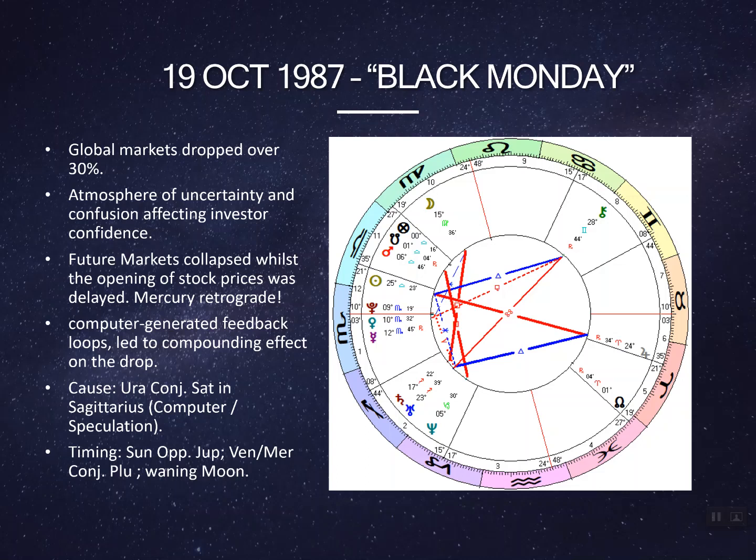Air signs are associated with the power of thought, technology, the internet, space. And we saw in that 20-year period the advent of computers and telecommunications. We had mobile phones being built, personal computers coming into people's homes and being affordable.